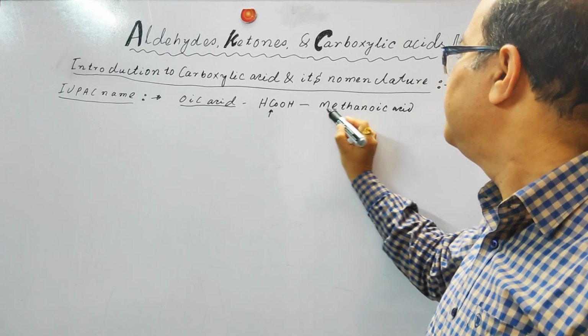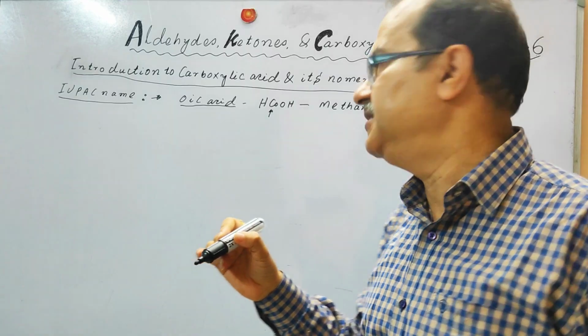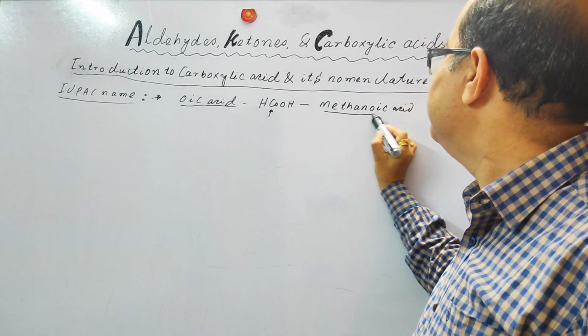So the common name of this is formic acid, and the IUPAC name is methanoic acid.